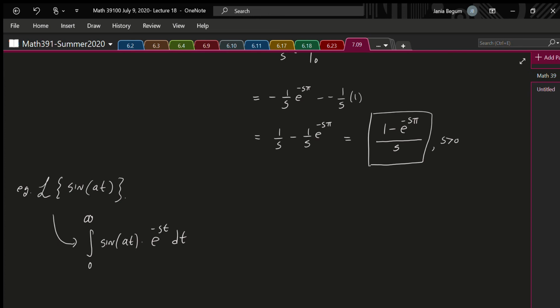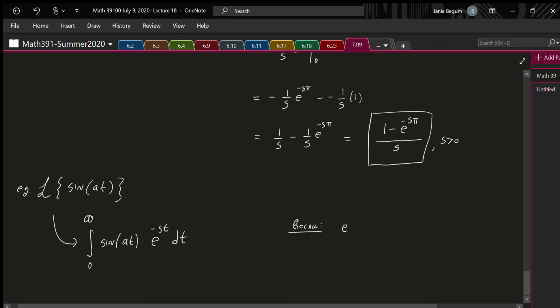This is when you want to remember this formula. Do you guys remember? Let's recall Euler's identity. You remember e to the i theta, right? What is that identity? From Euler's identity, this is cosine theta plus i sine theta.